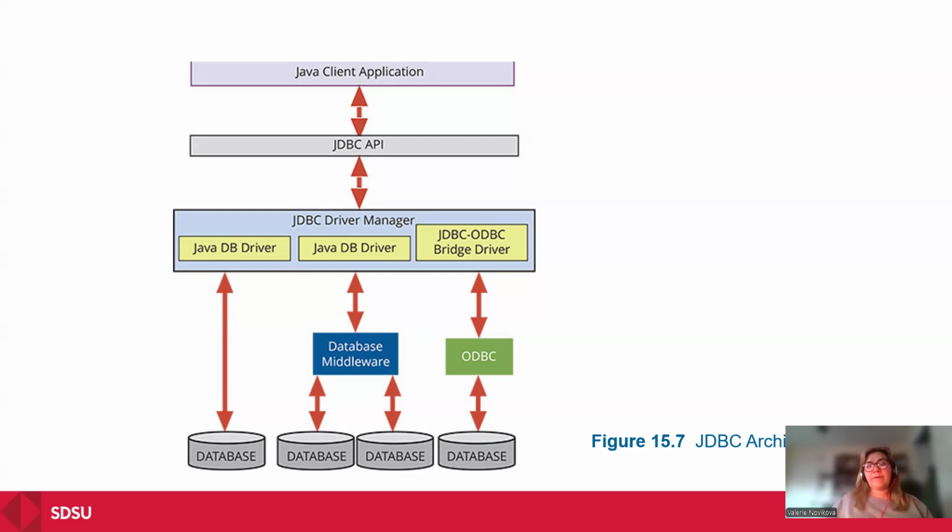Some of them have an ODBC driver that allows us to connect to the JDBC driver manager, and some of them have database middleware, a set of applications that sits between the database and our actual application, in this case, between the JDBC driver and the database.